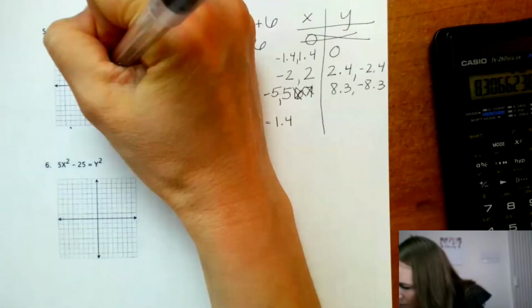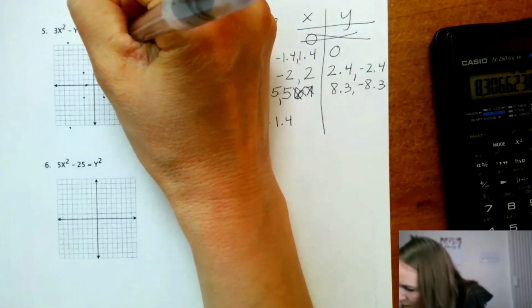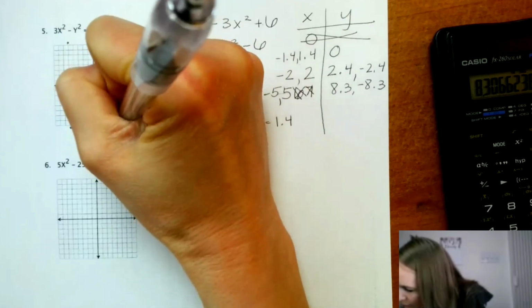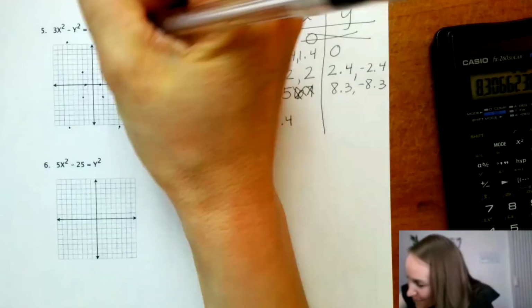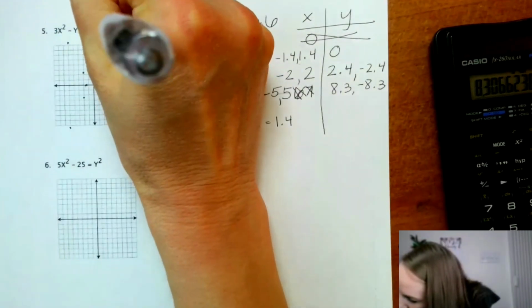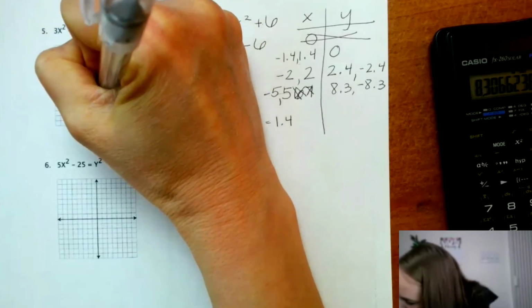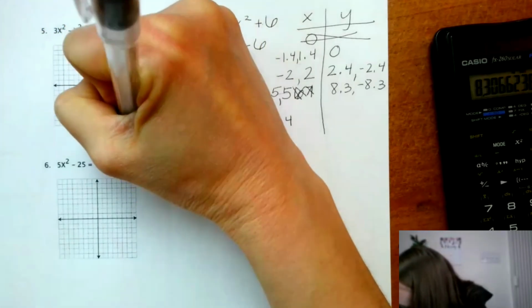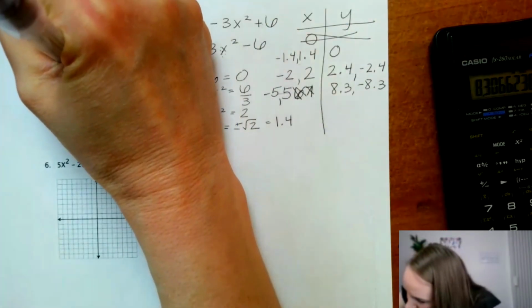Okay, and then positive 5, 8.3, negative 8.3. All right, let's connect the dots and see what we've got. Okay, that looks good. Okay, looks great. All right, let's do the other side.